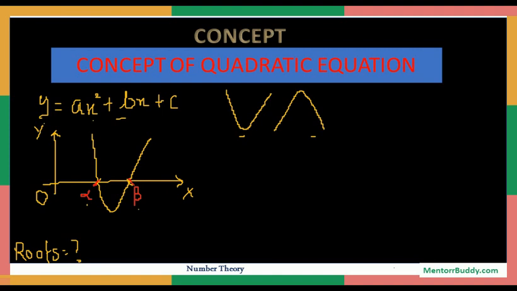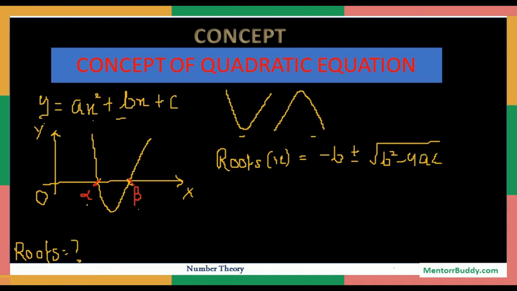Now how are we going to calculate the values of the roots of this equation? The roots, which are basically the values of x, can be calculated as minus b plus minus under root b square minus 4ac upon 2a. These are going to be the roots of the equation. This is one form which helps me figure out the roots of the equation irrespective of what sort of equation it is.